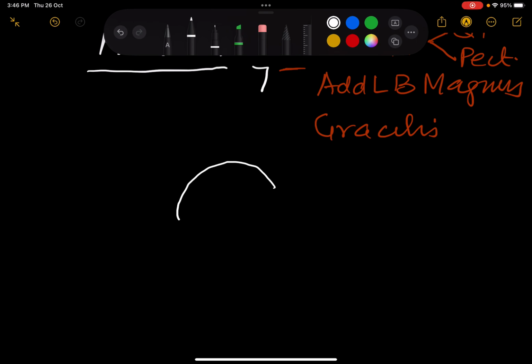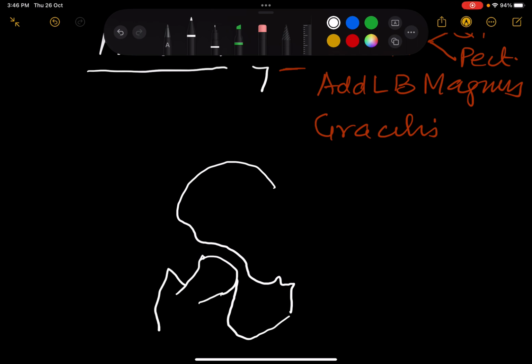This is the iliac crest, the anterior superior iliac spine, the anterior inferior iliac spine, the pectineal eminence, the notch for the artery, vein and nerve, the pubic tubercle, the pubic symphysis, the ischiopubic ramus, the ischial tuberosity, and here is the acetabulum. So under the pectineal eminence, you have the head of the femur, the neck of the femur, the trochanter, and the lesser trochanter.